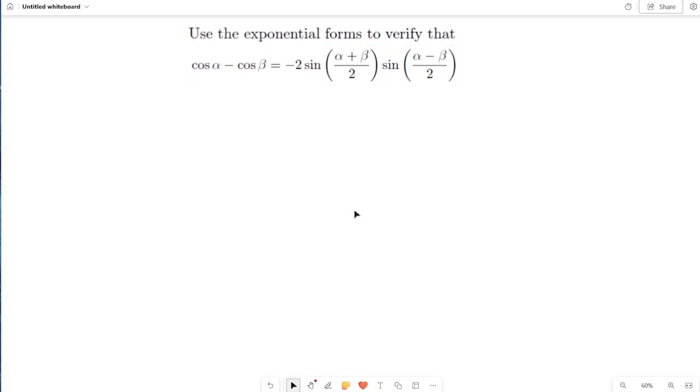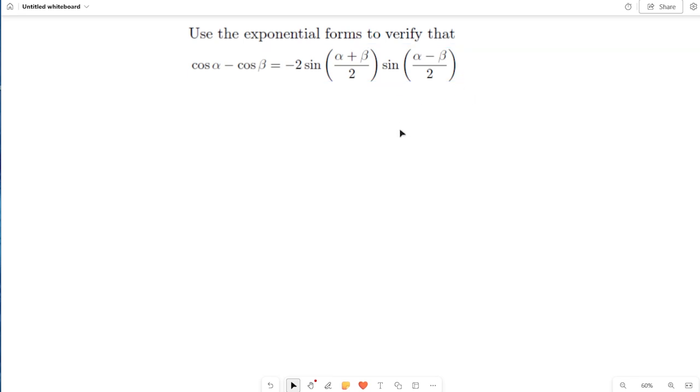Now let's look at a slightly more complicated example where we have a few more things going on. So we're trying to show that cosine alpha minus cosine beta is the same as minus 2 times sine alpha plus beta over 2 times sine alpha minus beta over 2.